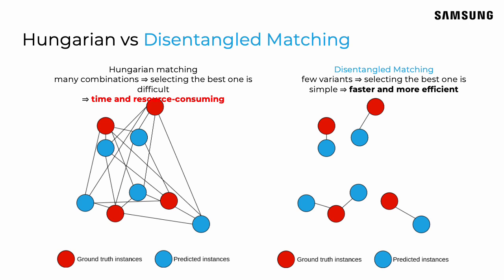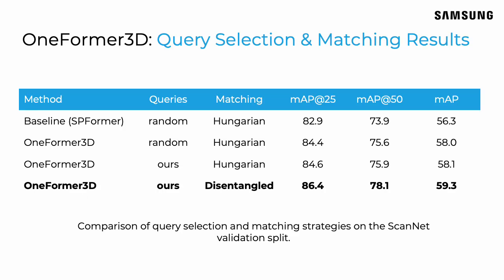We ablate our novel components on the ScanNet validation split. We only compare instance segmentation metrics, since our modifications do not affect the semantic segmentation part. Evidently, there is a synergy of our query selection and disentangled matching that allows for the state-of-the-art results.